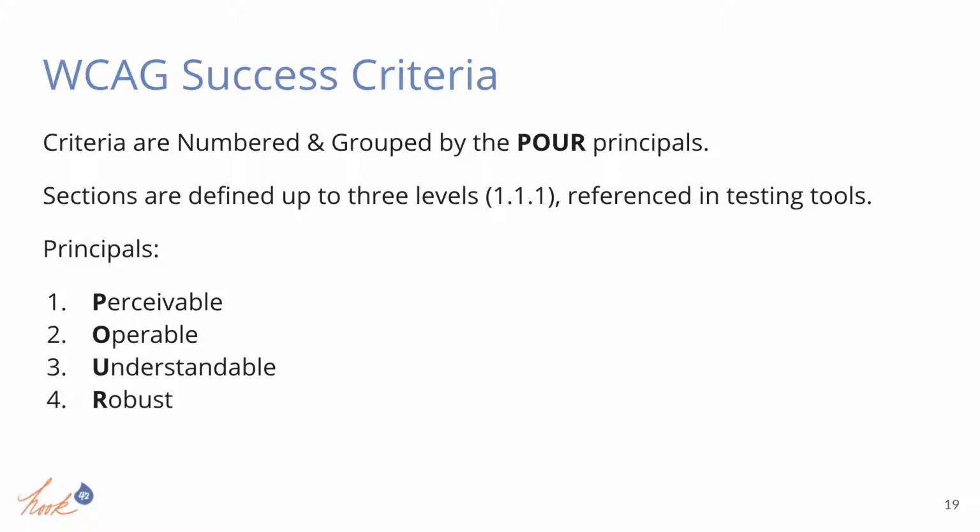So perceivable is 1, operable is 2, understandable is 3, and robust is 4. So the information that why this is important, and if you can only remember the top 4, that's going to be great, because you'll see a lot of things in testing tools. You failed 1.2.3. What the heck does that mean in context?